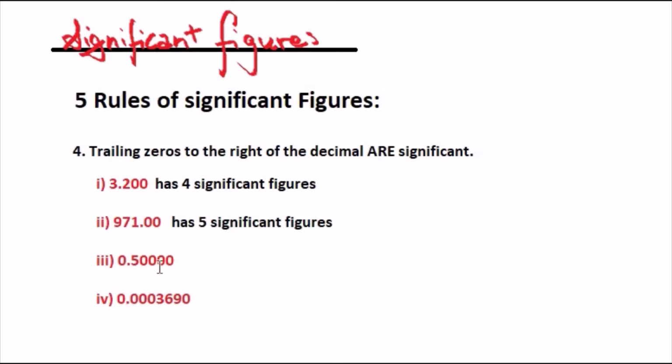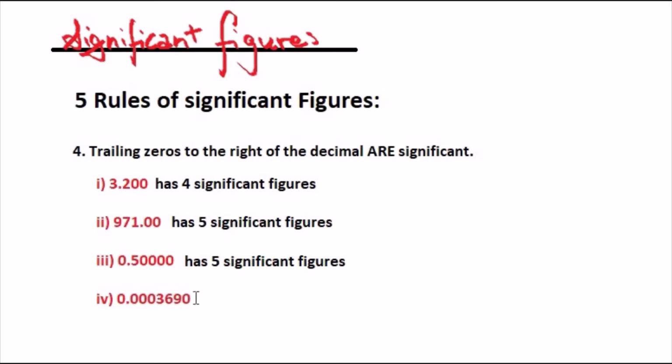In example 3, the trailing zeros are to the right of the decimal point, so therefore they are significant. Along with the non-zero digit 5, we can say that we have 5 significant figures in this number. And to the final example, for the 0 at the end, the trailing 0 to the right of the decimal point, we say that it is significant.